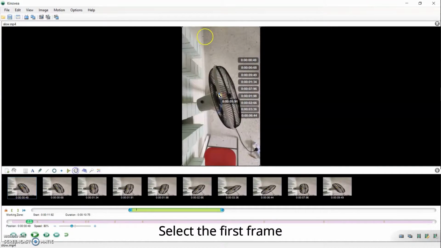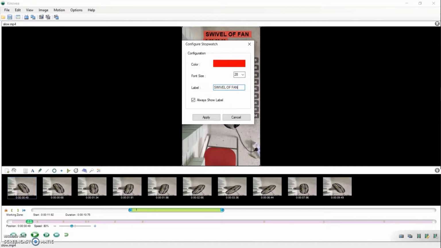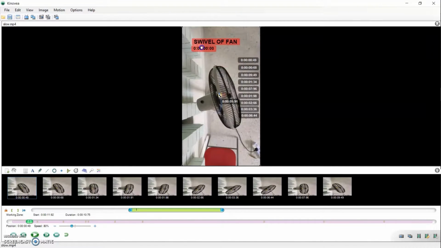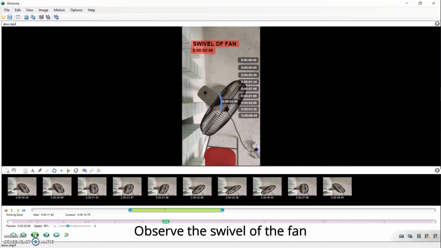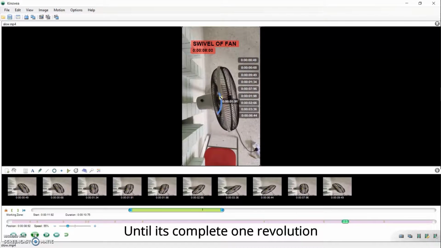Select the first frame and add the stopwatch. Configure the stopwatch and label it. Start the stopwatch. Observe the swivel of the fan until it completes the motion.